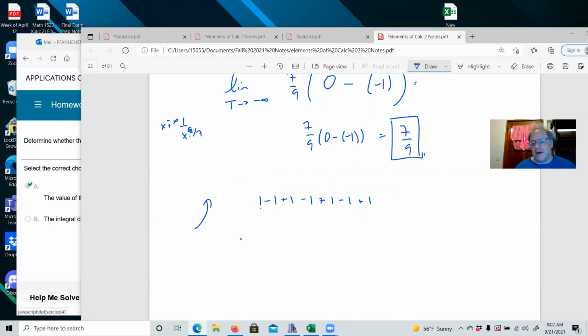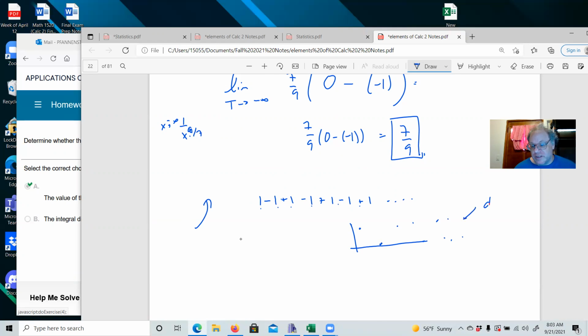All right. 1 minus 1 plus 1 minus 1 plus 1 minus 1 plus 1 ... This sum alternates between 1 and 0, 1 and 0, 1 and 0. So it never really goes anywhere. It just alternates between these 2 points forever.